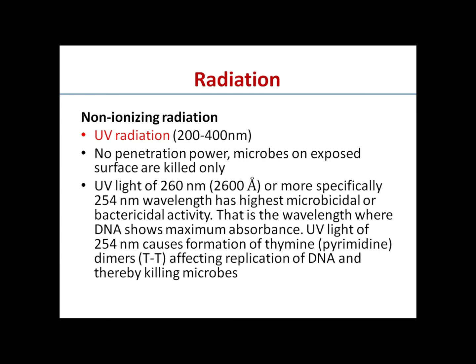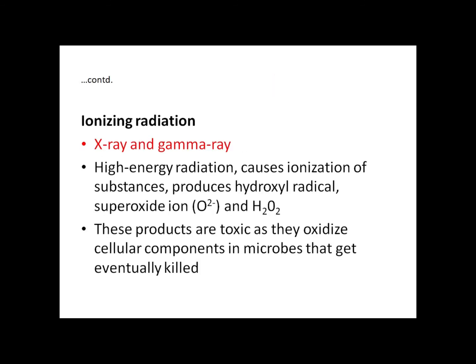UV light causes formation of thymine dimers in the DNA. So the replication of DNA is affected in the microorganisms and the microbes are killed. And we use these UV rays routinely in the laminar flow cabinet to sterilize the cabinet floor.